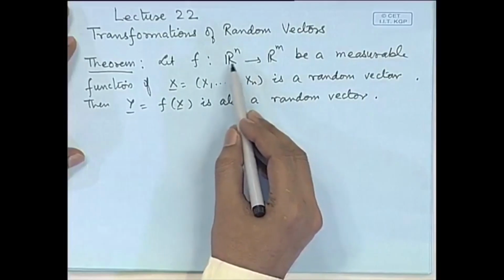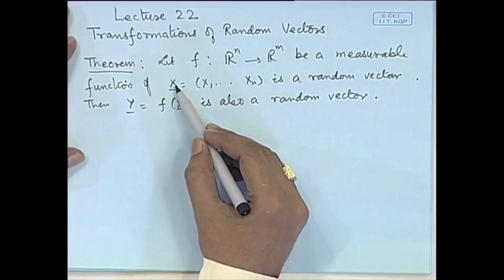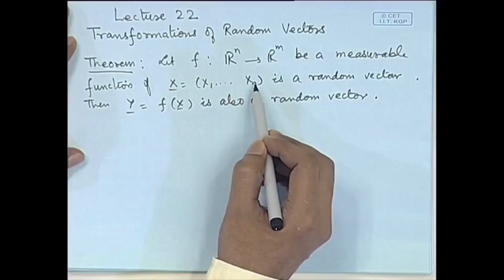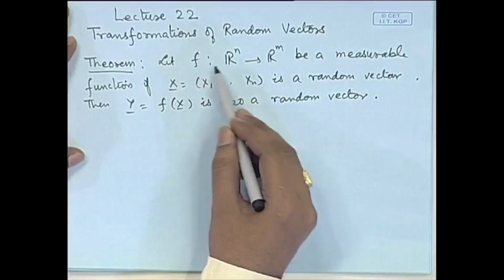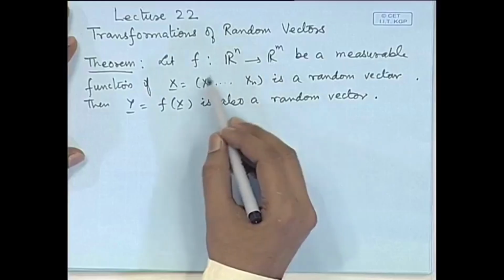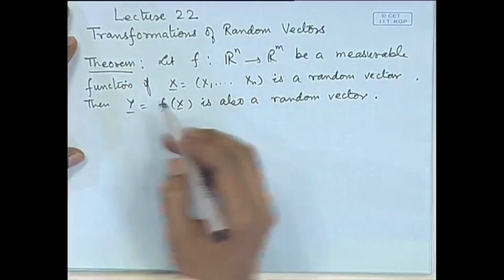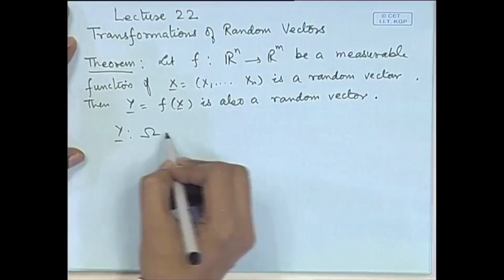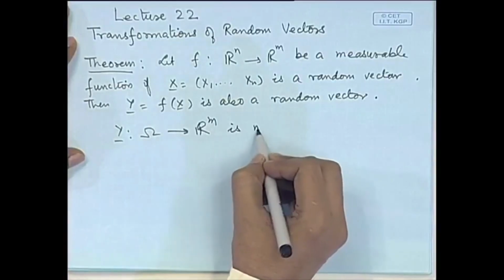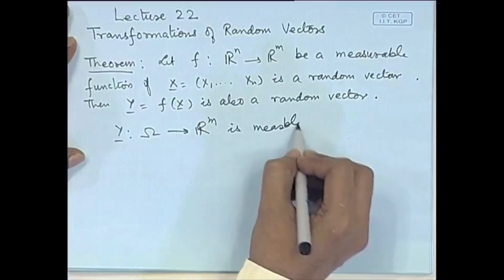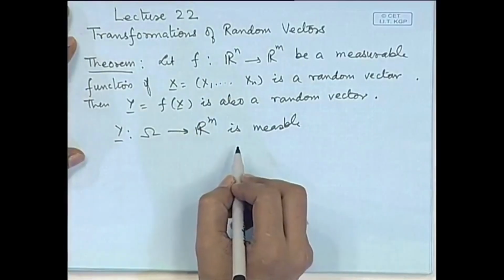This is so because the random variable X is a measurable function from omega into R^n, and a measurable function of a measurable function is a measurable function. So, Y becomes a measurable function from omega into R^m. So, this is measurable, and so this is a random vector.